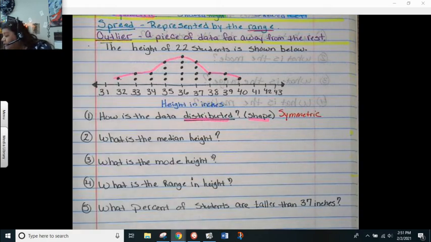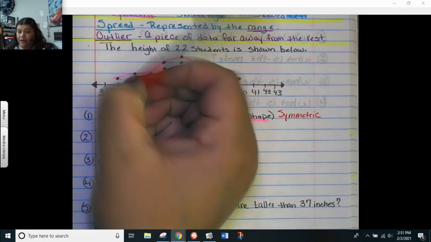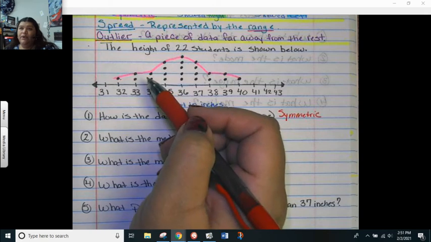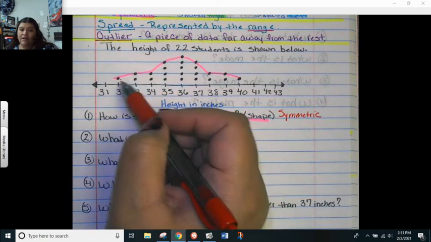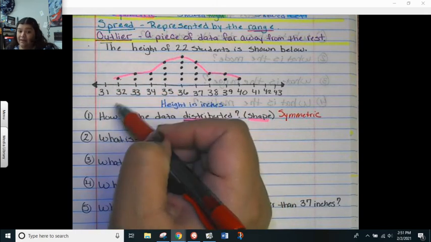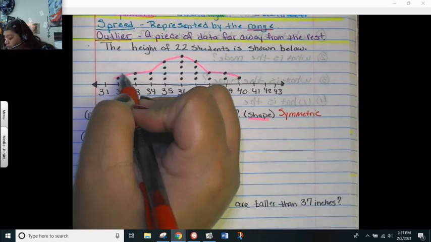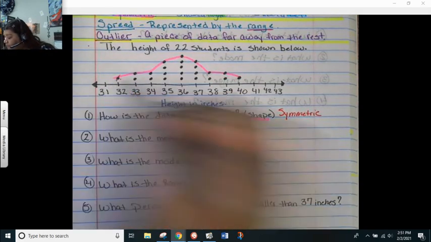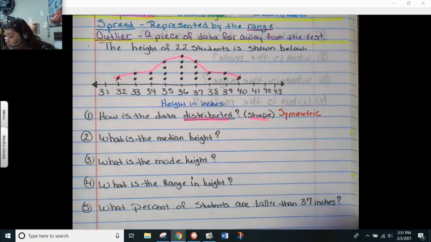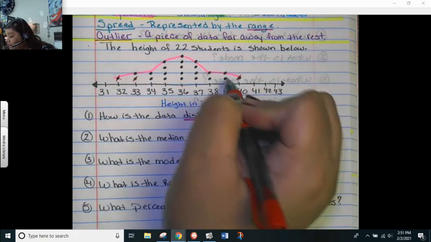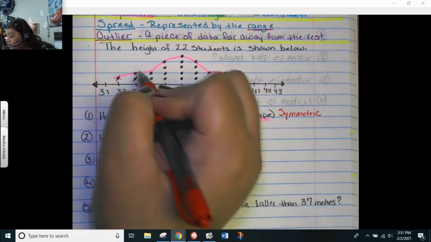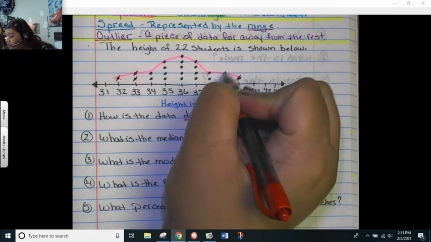So I'm going to get my pen here. And just like we did with mean, median, mode, and range, I'm going to cross out the dots, not the numbers down here. Remember, the numbers just tell me what those dots represent. So I'm going to cross out the dot over here and a dot over here, a dot over here, and a dot over there. We're going to keep on going.